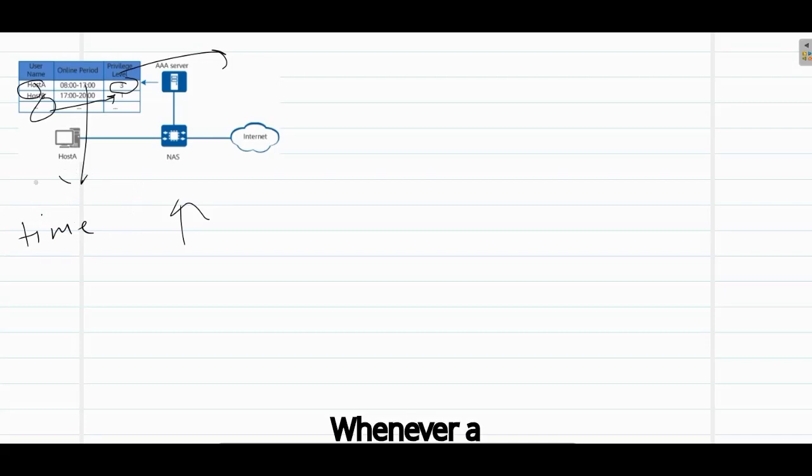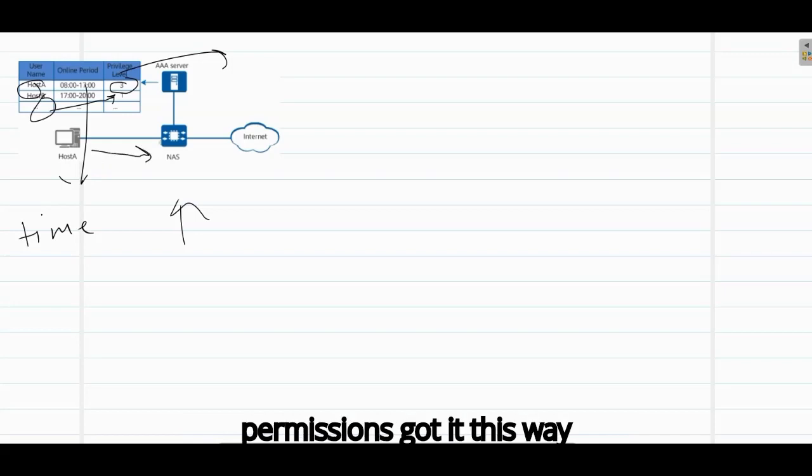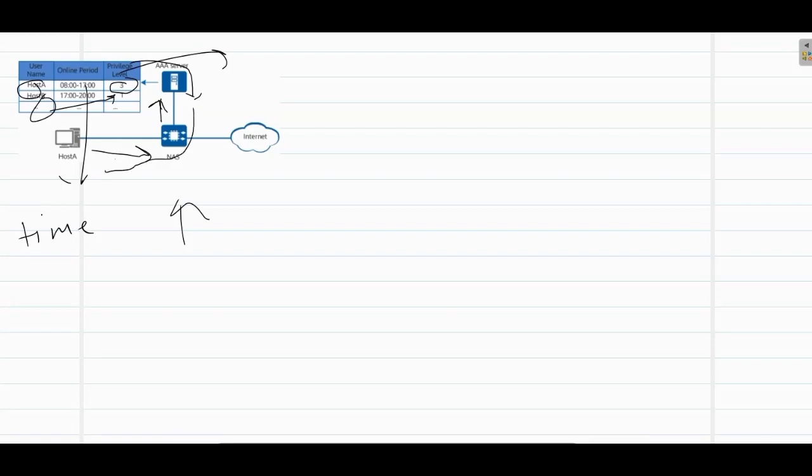Whenever a user tries to access the file on the network or internet or other resources, the user's permissions go this way and compare the identity and permissions, then after it will give the permission to the user.